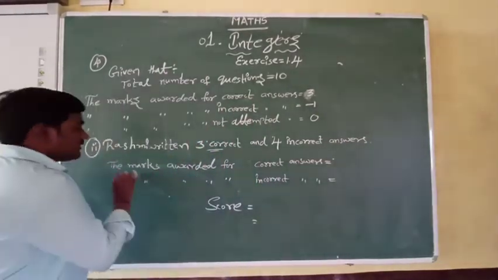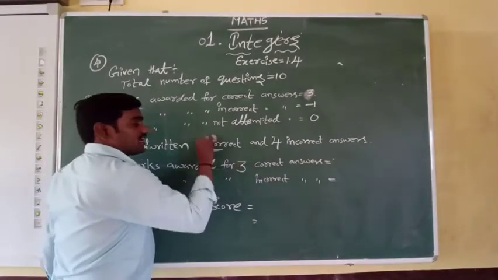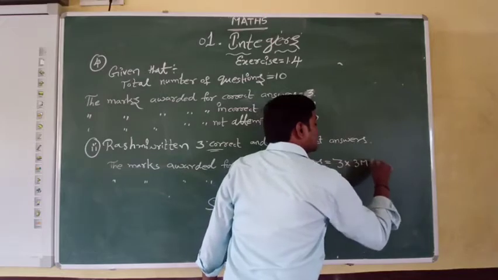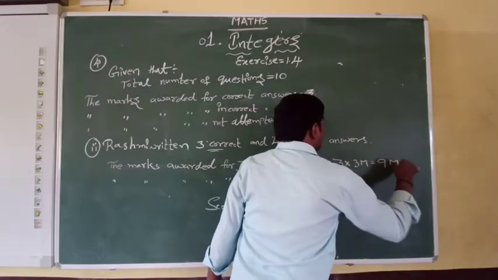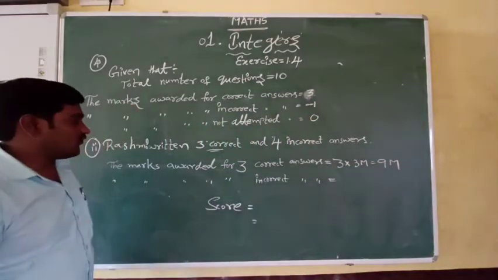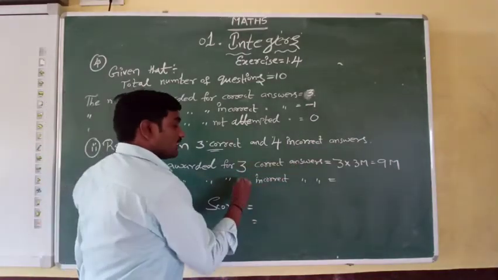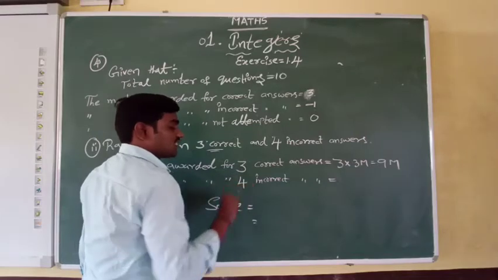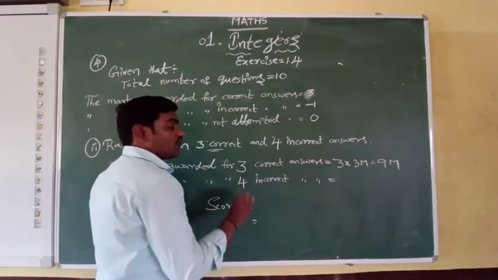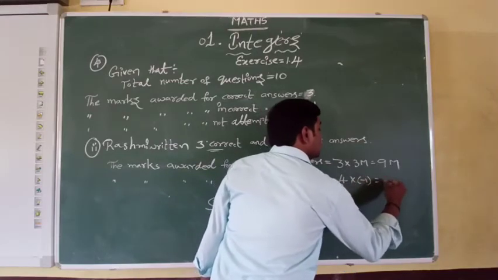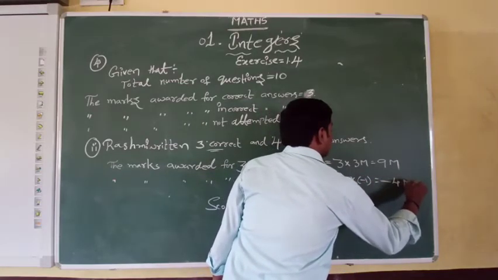Let's see then. The marks awarded for 3 correct answers, 3 into 3, for every correct answer there are 3 marks. So 9 marks are awarded for the correct answers. How many incorrect answers are there? 4 incorrect answers. For every incorrect answer, minus 1 mark is awarded. So minus 4 marks are given here.